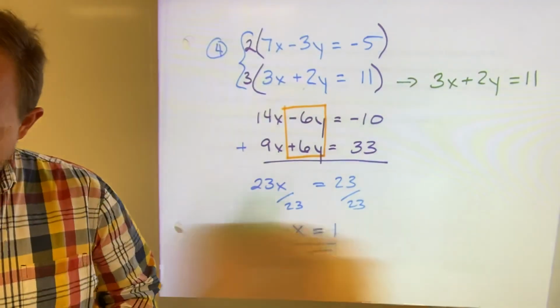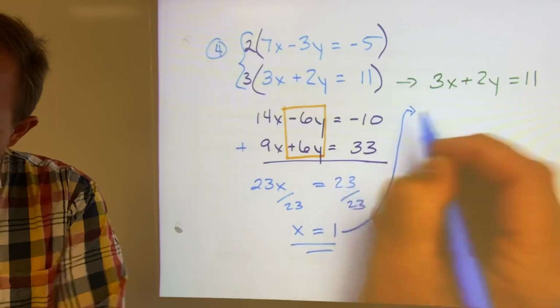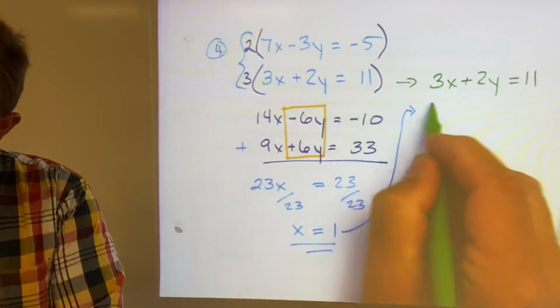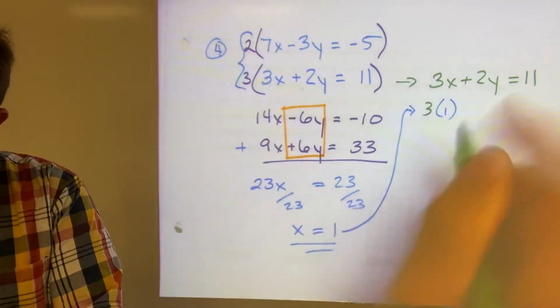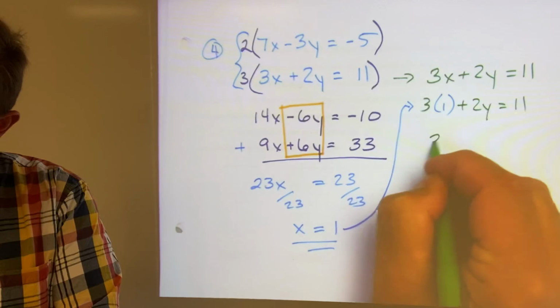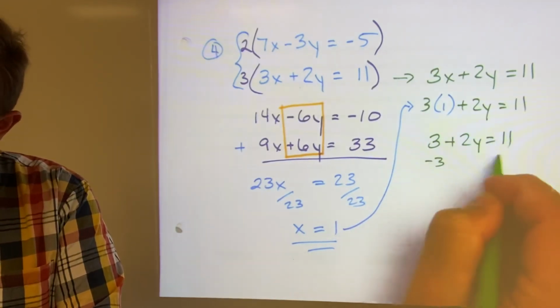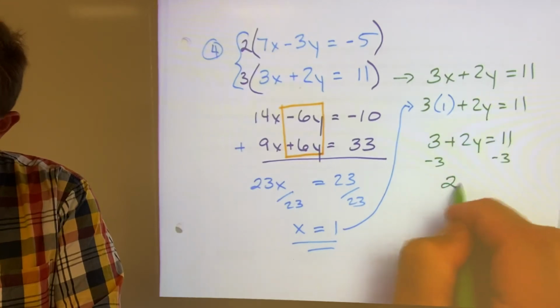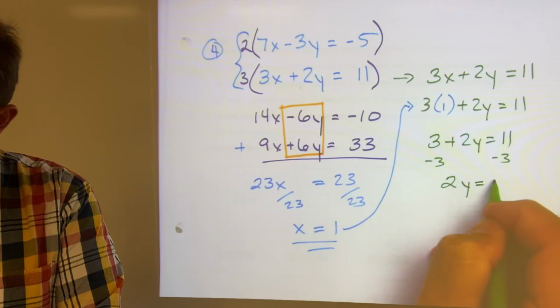And when I insert my 1 for x, I get 3 times 1 plus 2y equals 11, or 3 plus 2y equals 11. Subtract the 3. 2y equals 11 minus 3 is 8.